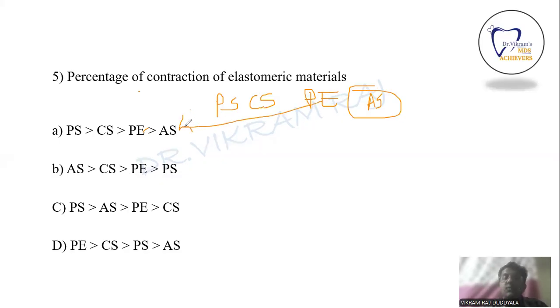And then also you need to be much more cautious, because sometimes what you see is presented like this, but it can be in a vice versa manner also. They can be in descending order or ascending order. So you need to be very cautious when you are answering these kinds of questions.